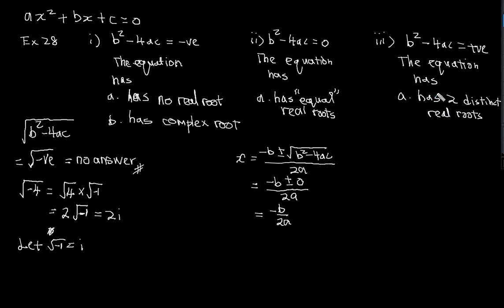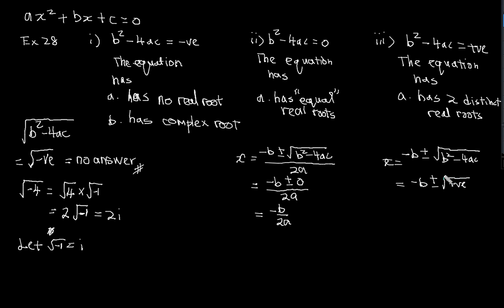Mainly, if you are in this case where you have a positive, then you have minus b plus minus square root of b squared minus 4ac. So if you have a positive b squared minus 4ac, that means inside here you got a positive value.